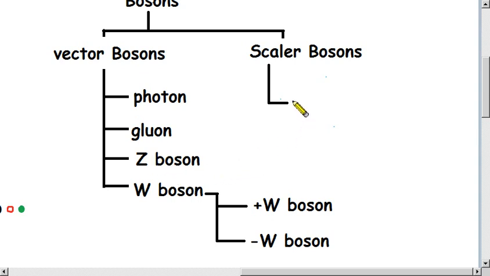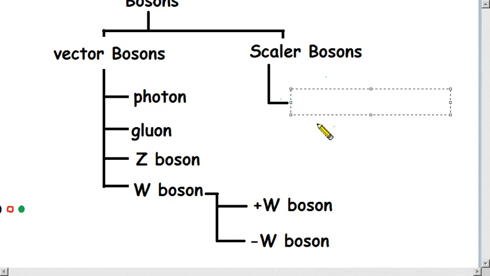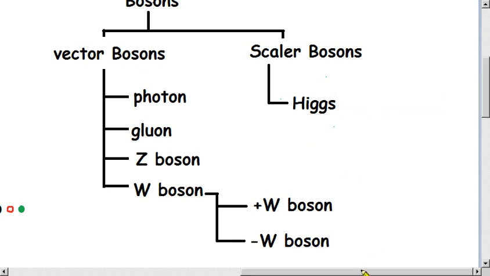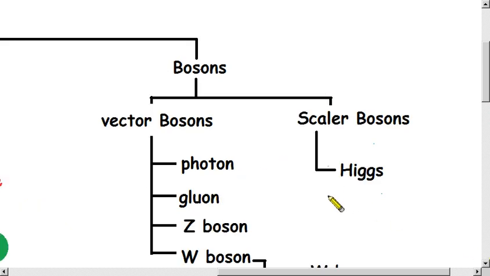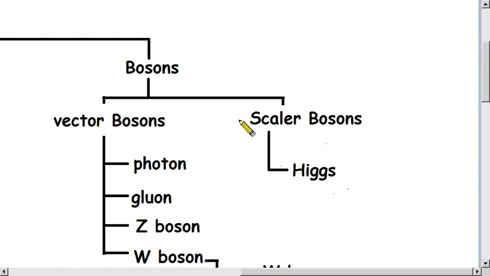Then among the scalar bosons, only one scalar boson is there, and that is called Higgs. All these fundamental particles participate in transferring force from one place to another.